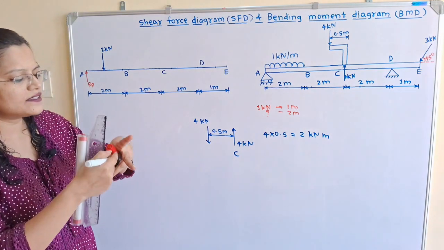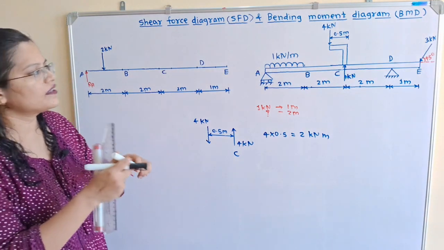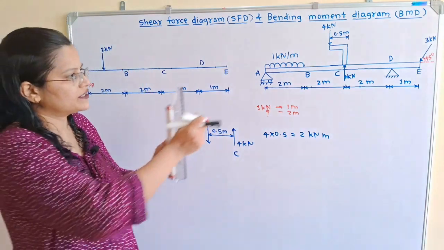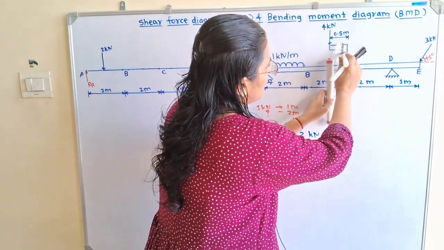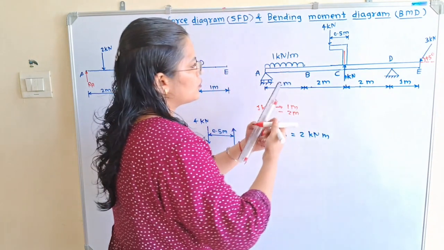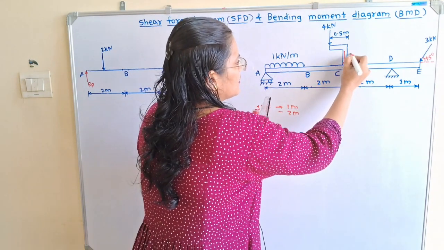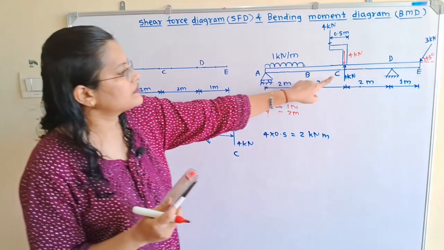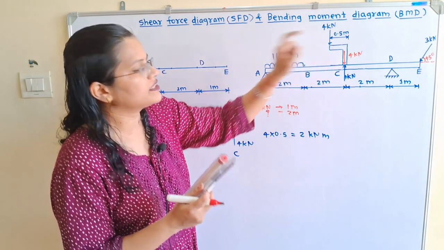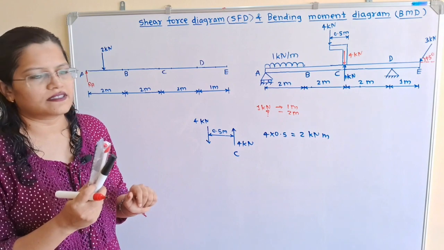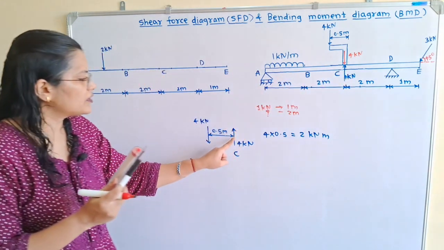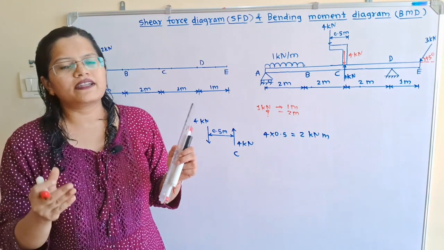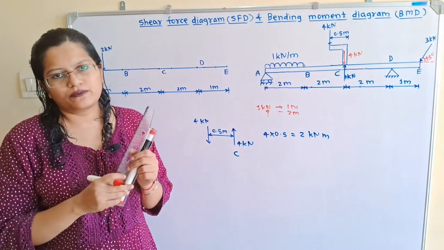To balance this load, we will add one load which is opposite in direction at point C. I will add the same magnitude load, that is 4 kilonewton. If we observe this, this 4 kilonewton and this 4 kilonewton get cancelled, but this 4 kilonewton is used here for the formation of the couple. Now how to find the direction of the couple?